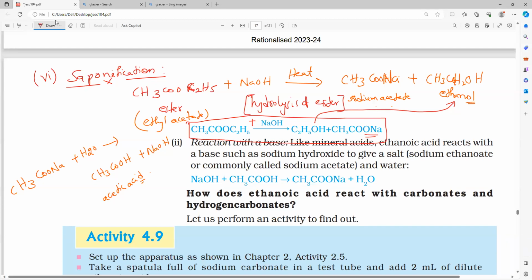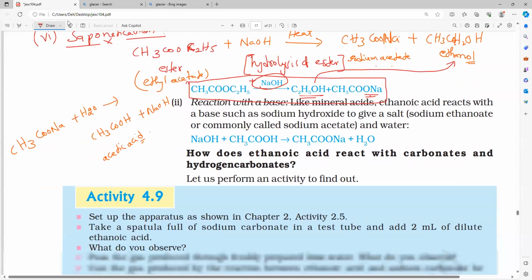Hydrolysis of ester in the presence of a strong base. What is a strong base? Alkali hydroxide. So it will form sodium acetate plus ethanol. That is what we call saponification. This saponification reaction is used in manufacturing soap.